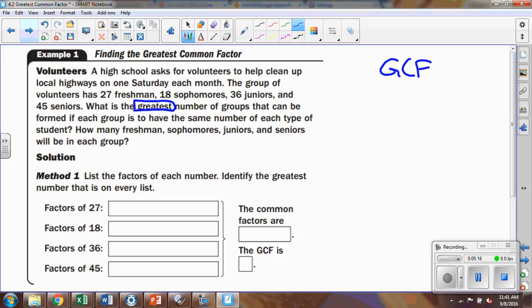In order to do that, we need to create the list of factors. Of course, in an earlier video, we've already practiced listing out the factors, so I'm going to go through that a little bit more quickly here.